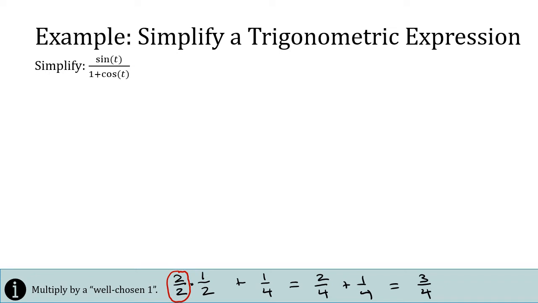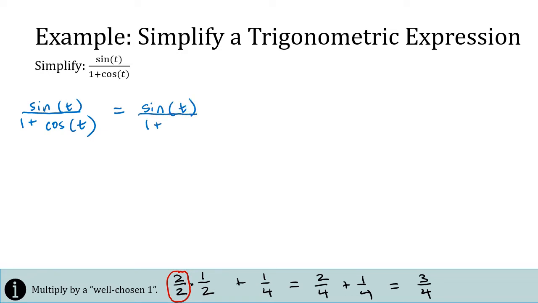So I'm going to start by writing the original problem down. So I'm going to say the sine of angle t over 1 plus the cosine of angle t. And what I'm going to do to simplify this, and sometimes it's hard to know, what am I simplifying to? So I'm oftentimes just trying to do something, what can I do to this?